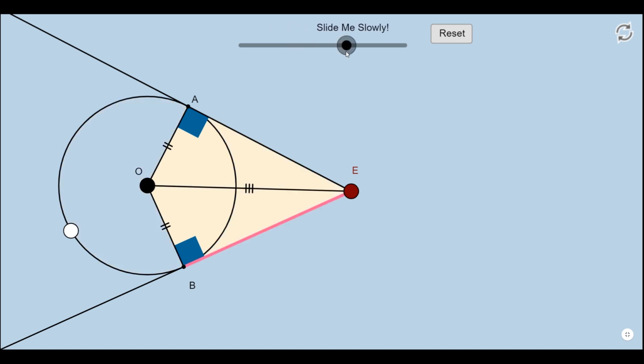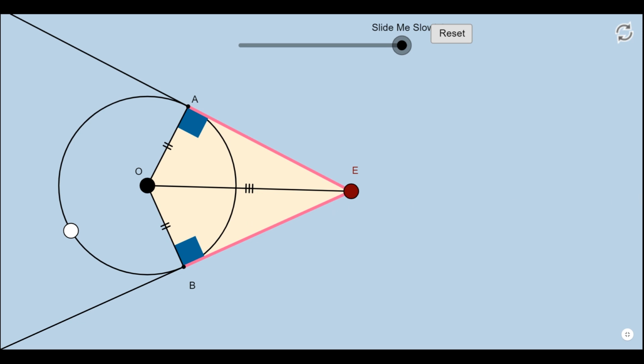And we have this line segment OE. And then look at BE is equal to AE. We can clearly see why they are equal, because triangle AOE and triangle BOE are congruent by the hypotenuse leg theorem, and by CPCTC we know that AE and BE are congruent.